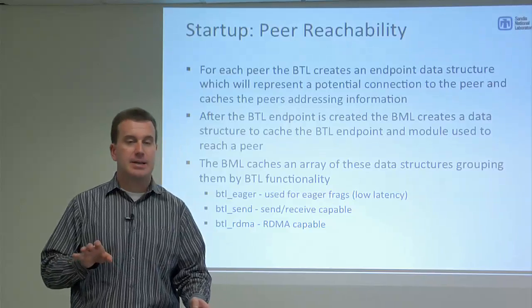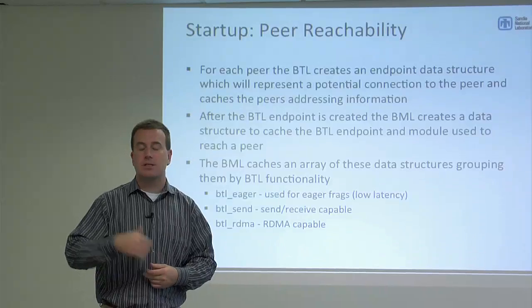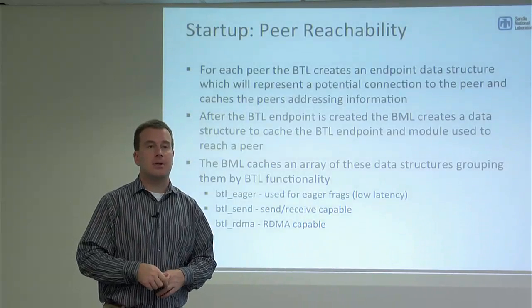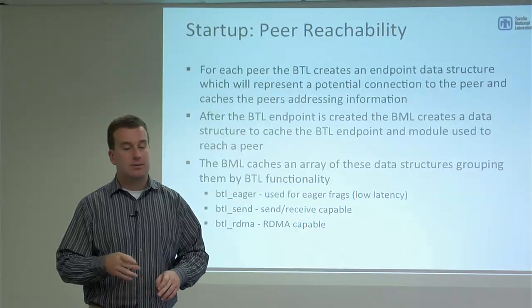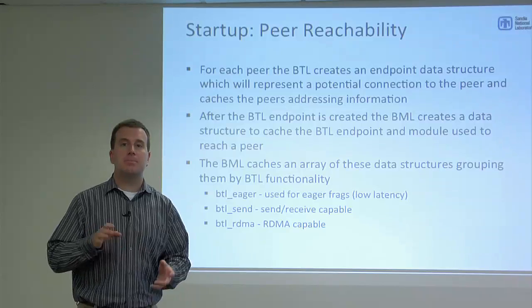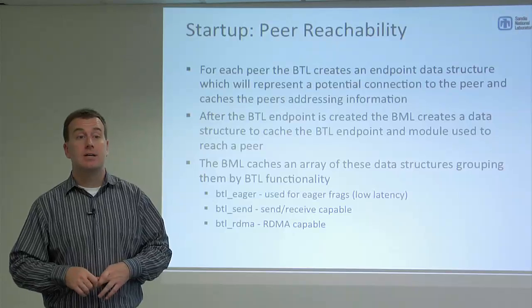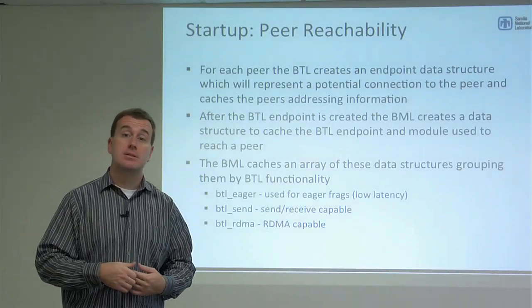And process 0 gets told about process 5. Process 0 then goes and asks the modex, hey, do you have an OpenIB BTL endpoint information for process 5? And the modex goes, sure, here it is.